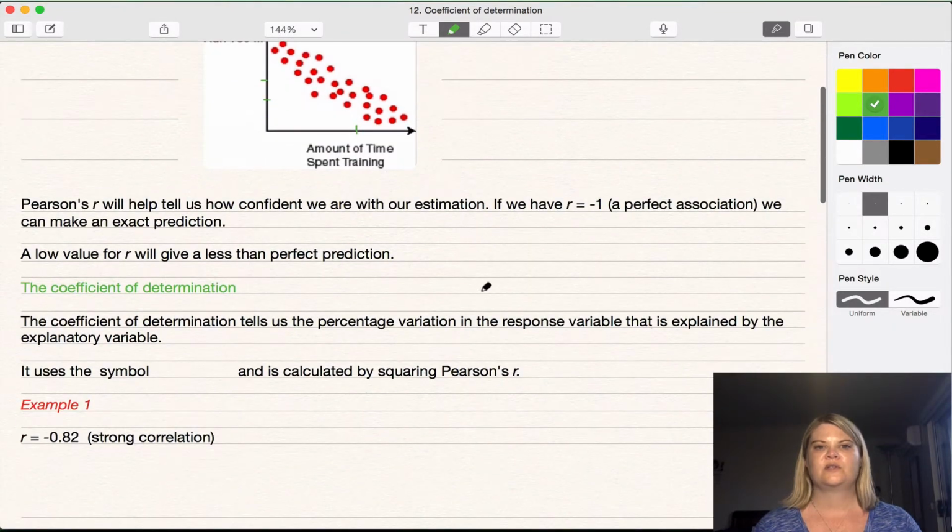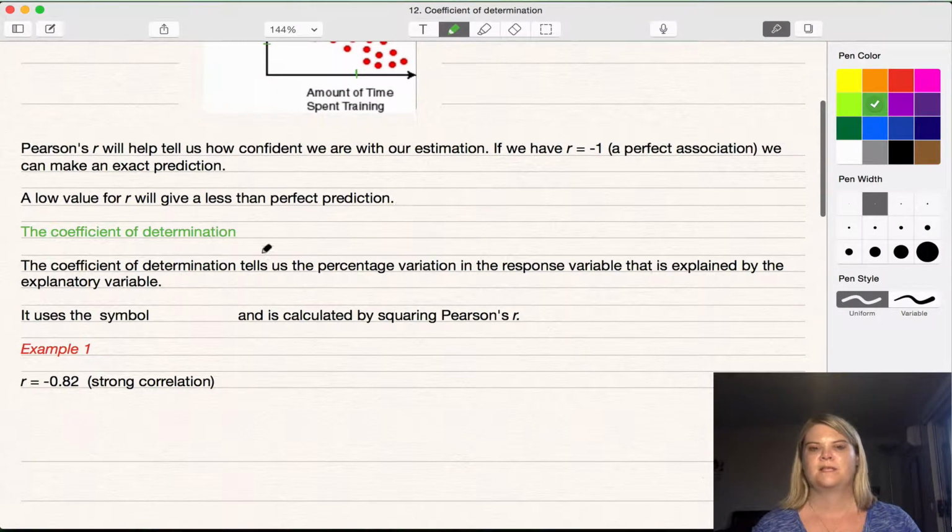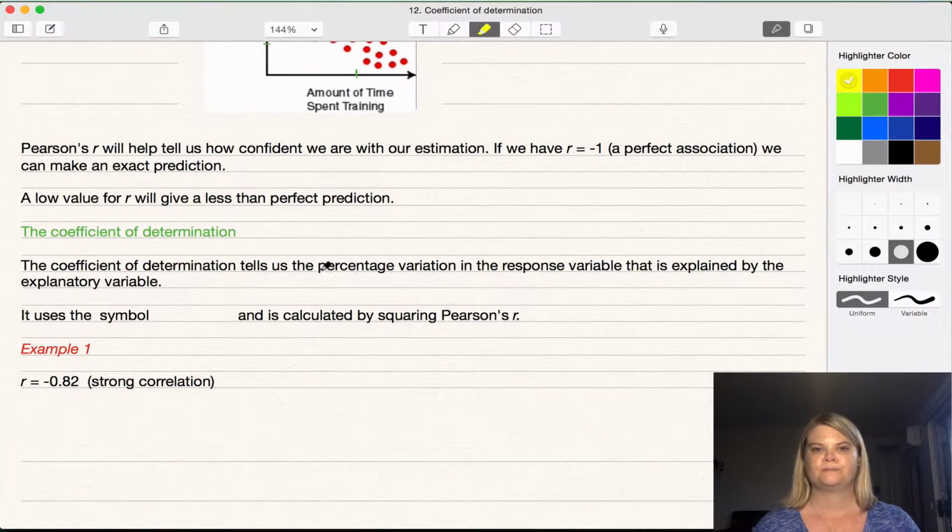The coefficient of determination tells us the percentage variation in the response variable that's explained by the explanatory variable. So it's worth jotting that sentence down because you will use it in your explanation.